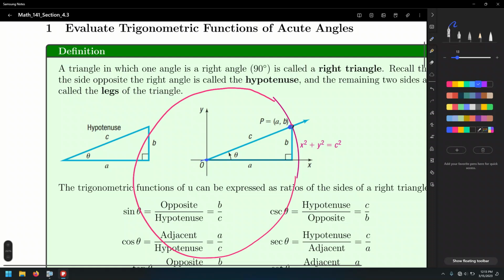This point will have a projection in the x direction and a projection in the y direction. That means we need to move a units in the x direction and b units in the y direction. This will create a right triangle inscribed inside of this circle.